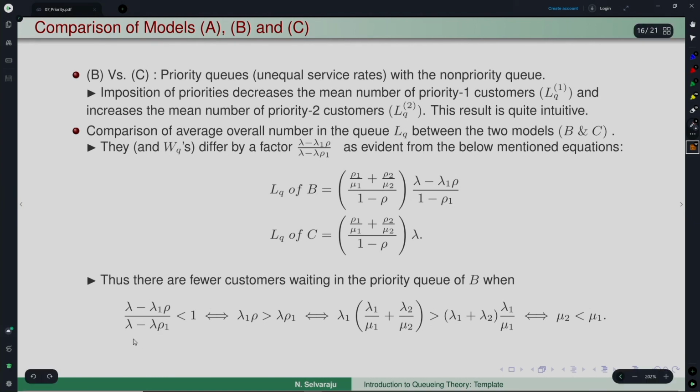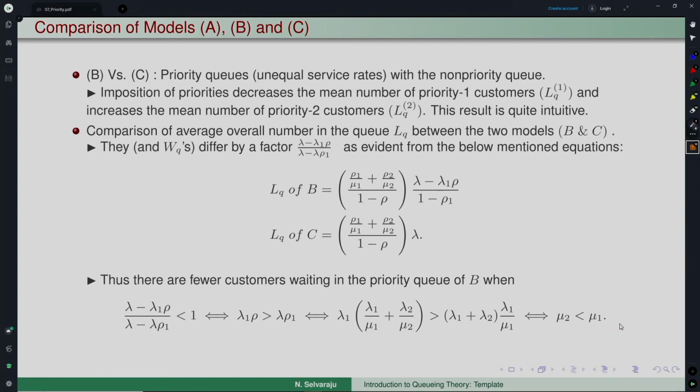So, what does that translate to? This quantity being less than 1 is equivalent to saying lambda 1 rho is greater than lambda rho 1, which is just an expansion of this. If I cancel it out, it is equivalent to saying this.